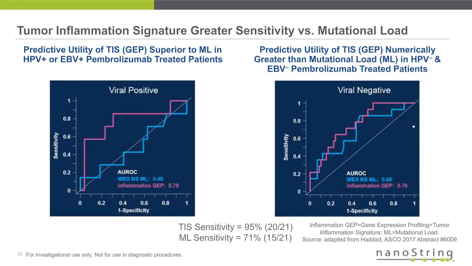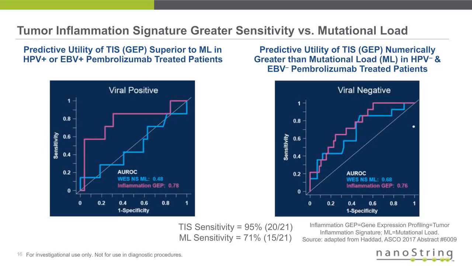Similarly, when we compare the TIS to tumor mutation burden, again in the head and neck cancer setting, we see a very interesting result. And head and neck cancer occurs from one of two causes. There are either those patients who are positive for the HPV virus and whose tumors arise and tend to have very low mutational burden.